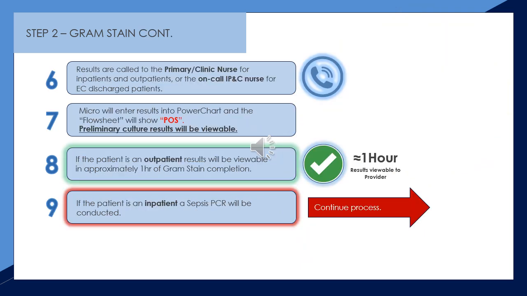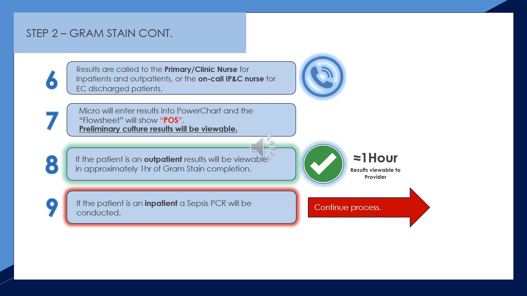This is a continuation of the gram stain process in regards to communication of results. Results are called to the primary and/or clinic nurse for inpatients and outpatients, or the on-call IP&C nurse for EC discharged patients.